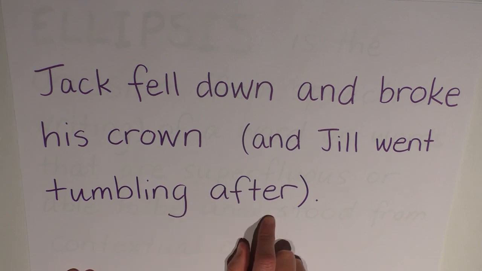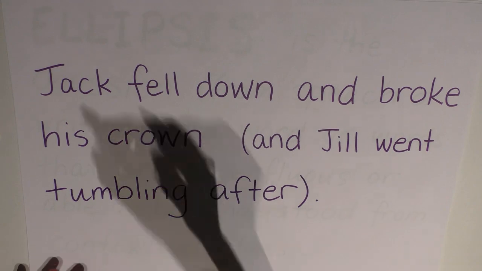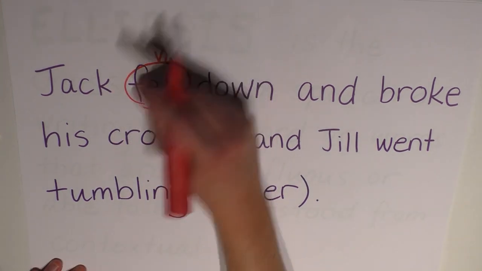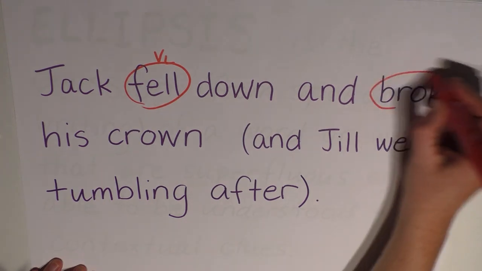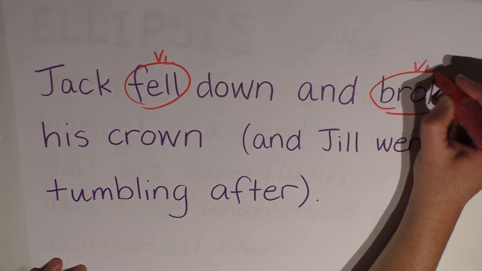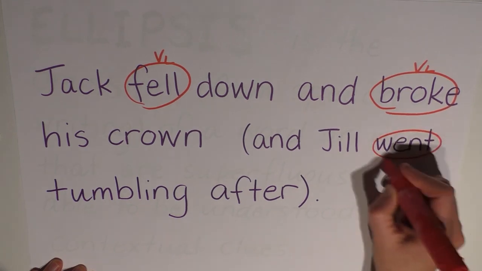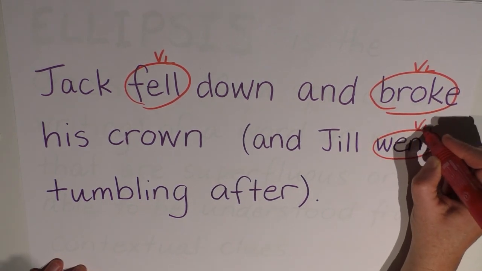Let's see if we can do the same thing on this sentence as we've done with the others. We'll find out what kind of sentence this is by first checking the verbs. We have fell, that's our lexical verb. We have broke, that's our lexical verb. And we have went, that's our lexical verb here.